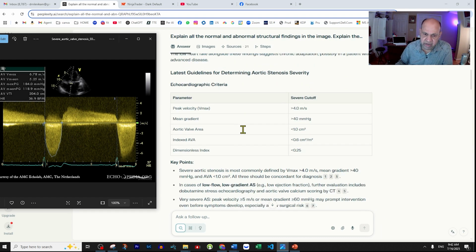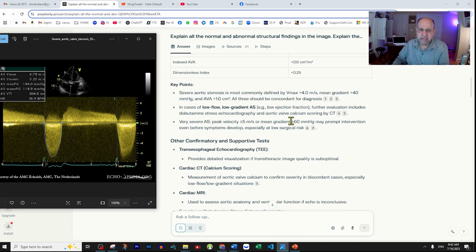Now, coming to the latest guidelines, according to the ASE, if the peak velocity is greater than 4 meters per second, mean gradient greater than 40, and you know the usual stuff. And the key points is severe aortic stenosis with a Vmax of greater than 4 meters per second, greater than 40 millimeters of mercury, the aortic valve area being less than 1 centimeter squared.